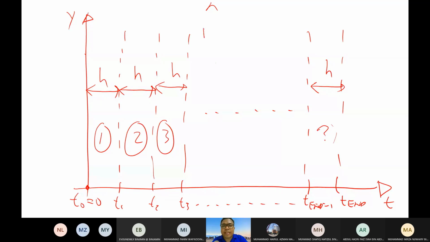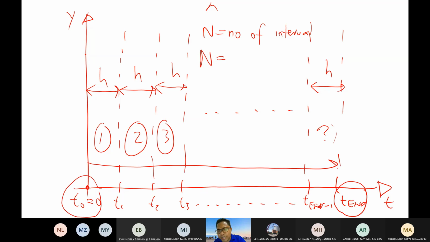So let's say n is the number of intervals. If you see carefully, in order to know the number of intervals, you deduct your tn with your t naught, so that I can determine the length of this, isn't it? The length is obtained by deducting tn and t naught. Is it correct?